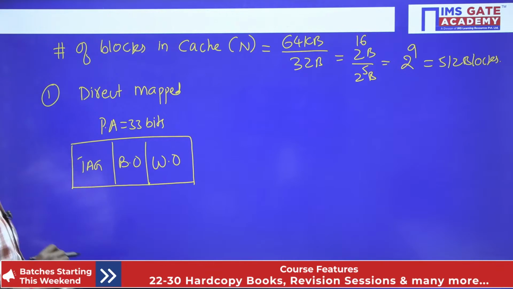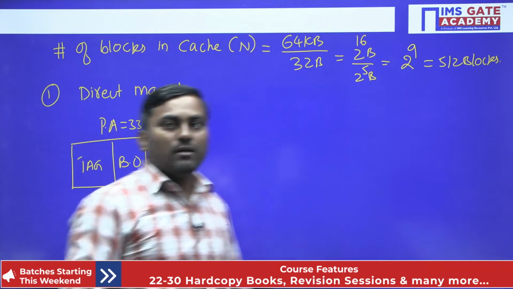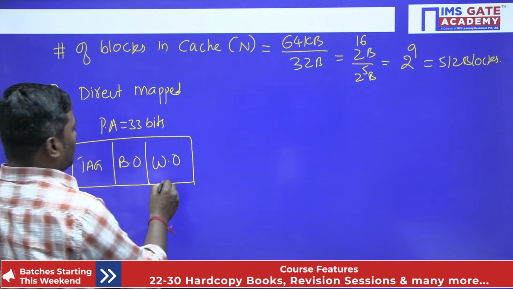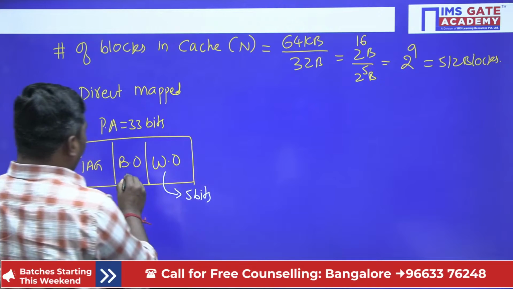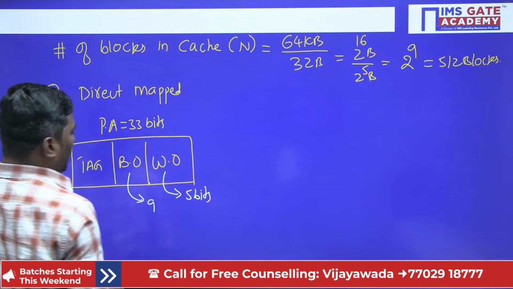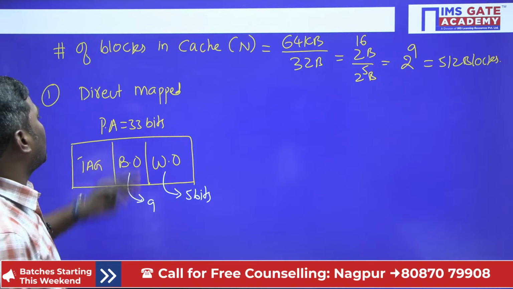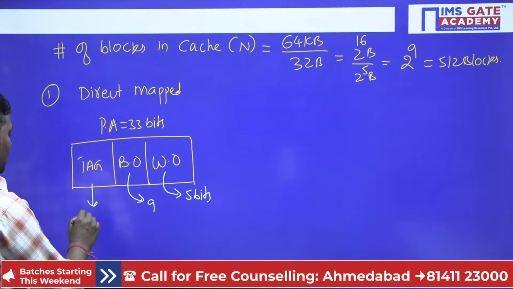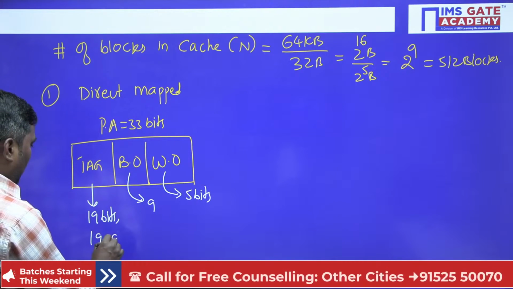Word offset depends on block size. What is the block size? 32 bytes means 5 bits required. Block offset depends on number of blocks: 512 blocks, 9 bits required. So 9 plus 5, 14. 33 minus 14 is 19 bits for the tag. Answer is 19, 9, 5.